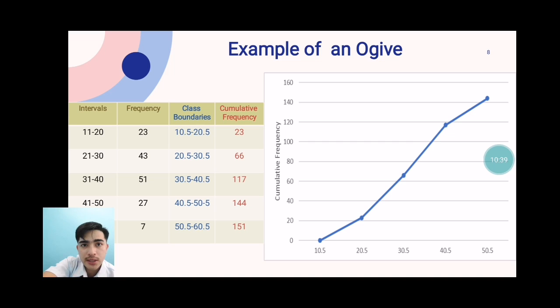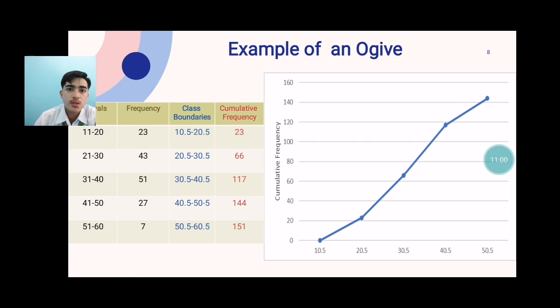For the 21 to 30 interval, 21 minus 0.5 will be 20.5, and 30 plus 0.5 will be 30.5. 31 to 40 is 30.5 to 40.5. 41 to 50 gives 40.5 and 50.5. The 51 to 60 interval has the class boundary of 50.5 to 60.5.